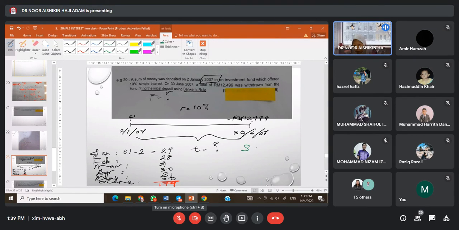Tak apa. Lepas ni last. Lepas ni saya lepaskan you. Okay. Masukkan je lah. You nak solve for P. So, P in this case would be S over 1 plus RT, where S, you ambil sebagai 12,499.